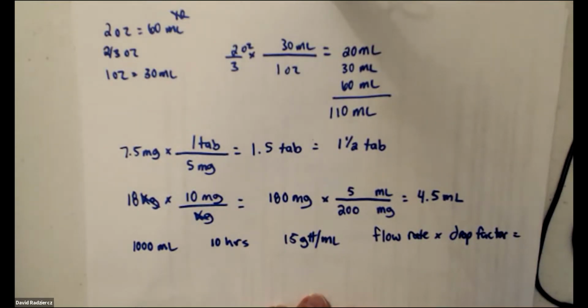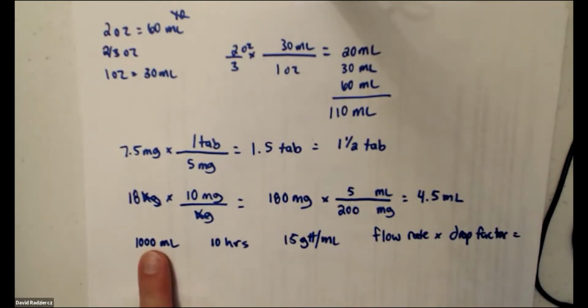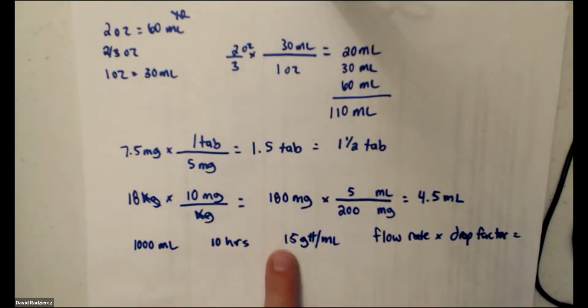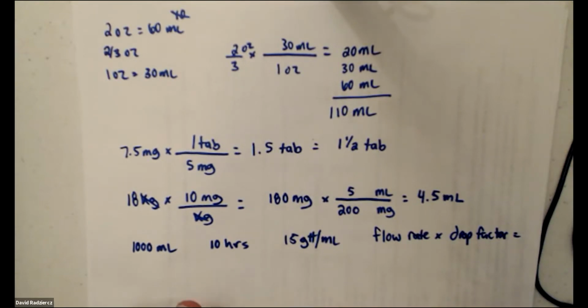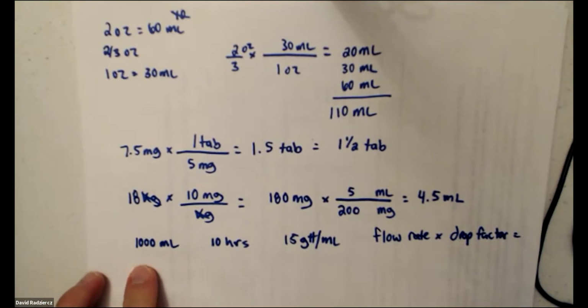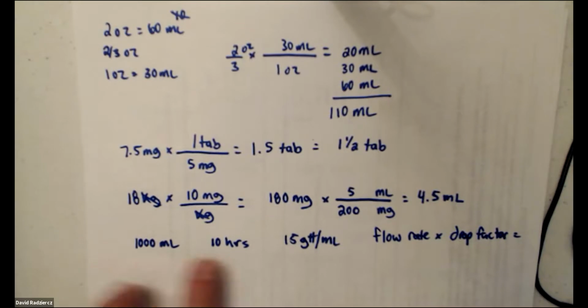My flow rate in this question is 1,000 milliliters per 10 hours, and then 15 drops per milliliter. So I'm going to show you two different ways to set this up. I'm going to show you this first way, which I think is the more straightforward way. 1,000 and 10 look like they'll go into each other easily.